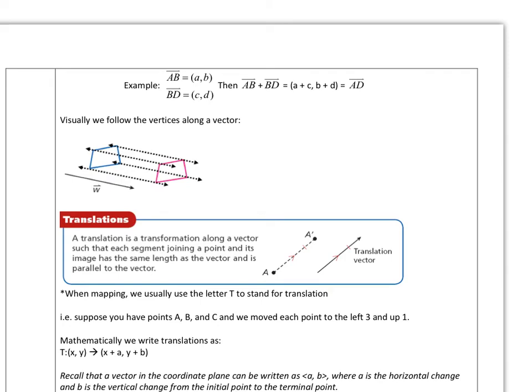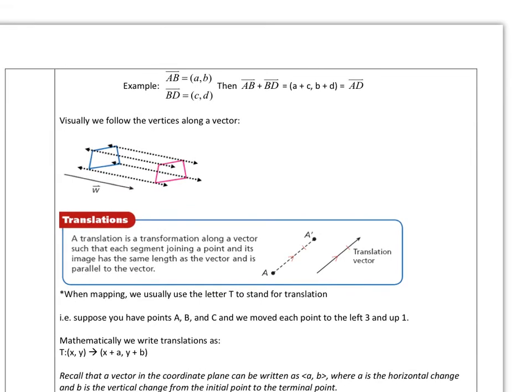So up here, if you have vector AB and BD, to add these two vectors, you would take the corresponding parts, A and C, these are the x's, and add the x's together. These are the y's, add the y's together.